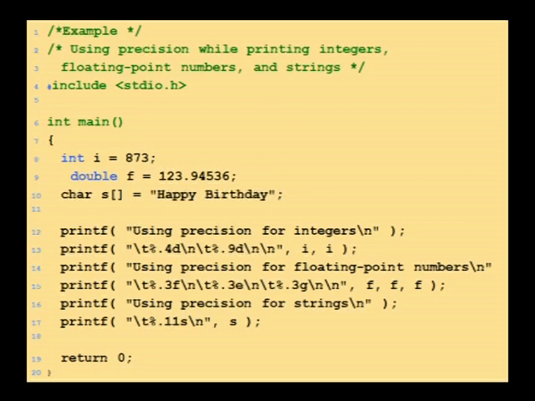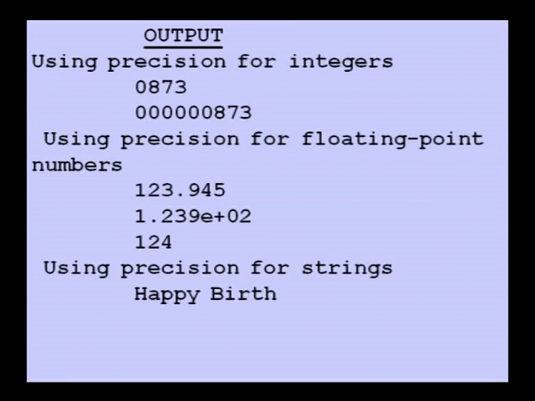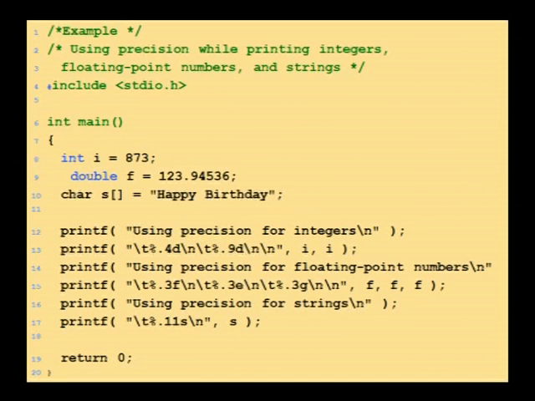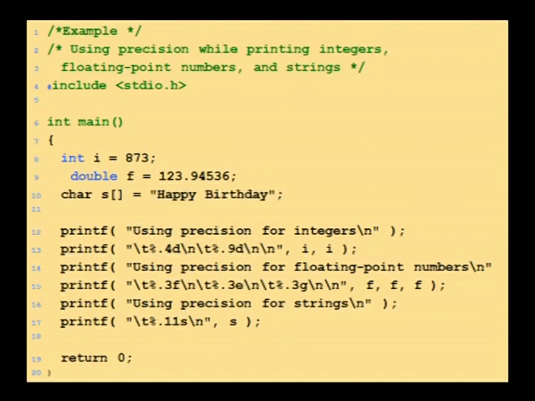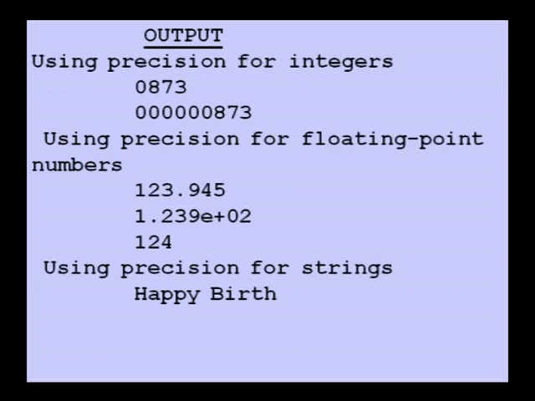So printf, this is a message, "Using precision for integers", which will be displayed as it is. What is \t here? \t is a tab. You can see there is a space of 8 blank characters after it. As in the previous one you used a new line, after that a new line is going to come here.